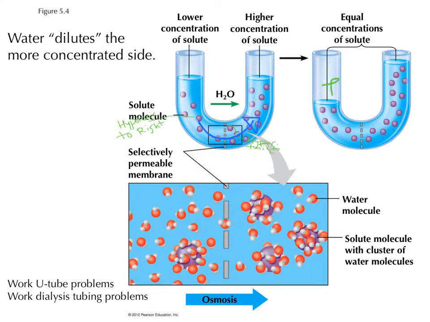So now, if it's at equilibrium, they'd have isotonic conditions to one another, where water would be going back and forth across the membrane at an equal rate in both directions. So that's what osmosis would be, the movement of these little waters through the semi-permeable membrane.